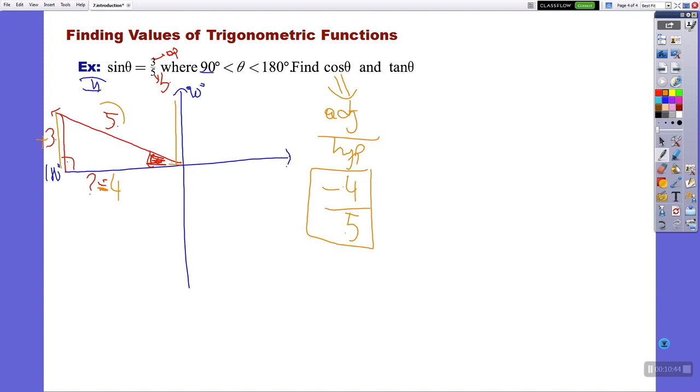What about tangent theta? Tangent is opposite over adjacent. What is your opposite side? Your opposite side is positive 3. Your adjacent side is negative 4.